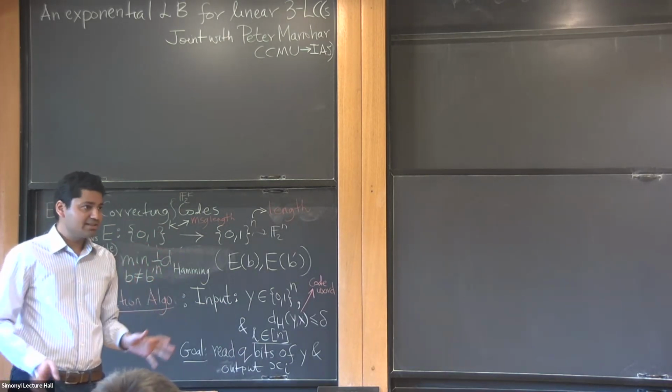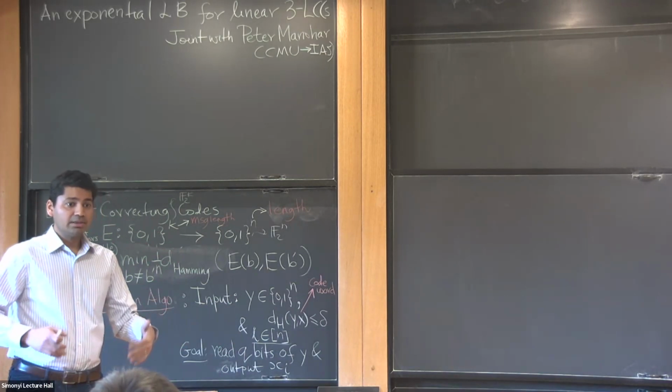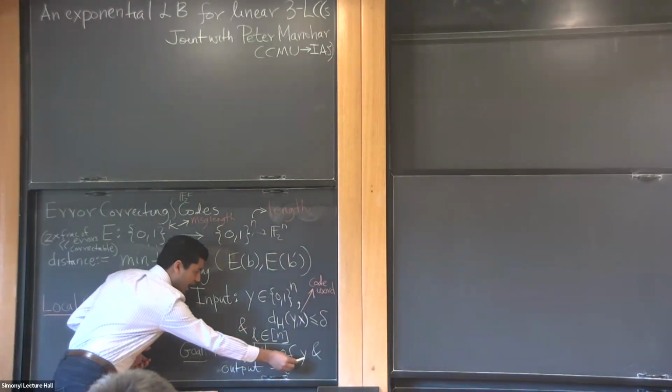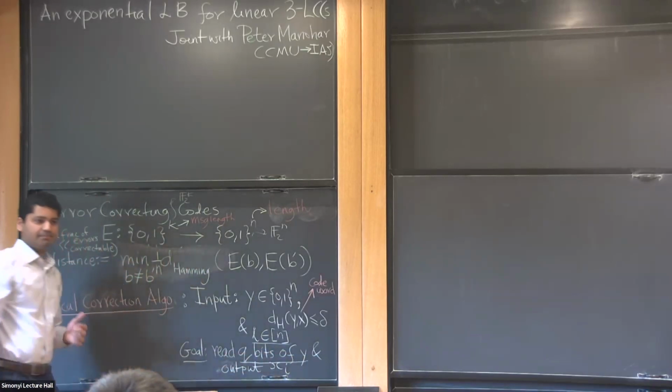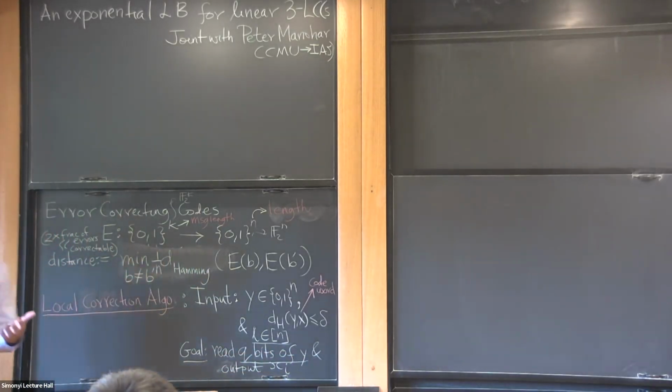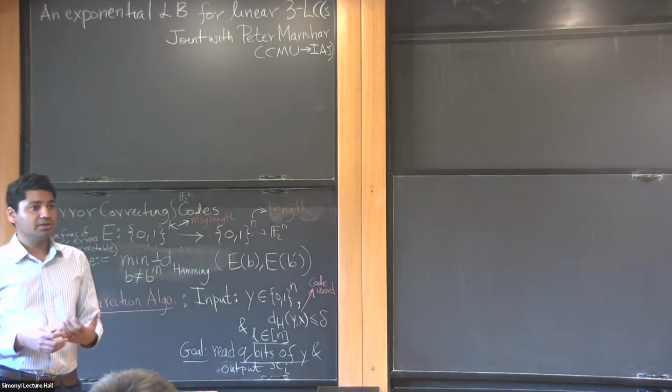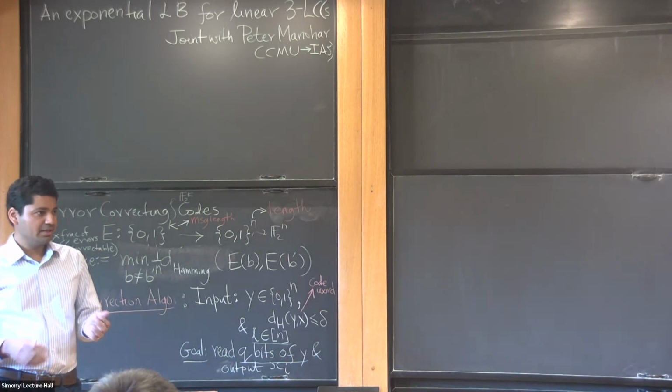So far it's just a correction algorithm. The locality means that the algorithm should work by reading Y in at most Q bits. Q is the so-called query complexity of the algorithm. And the idea is that the algorithm should be able to read just Q bits. And Q, for the purpose of this talk, is actually going to be 3. So think of Q as very, very small, 2 or 3.